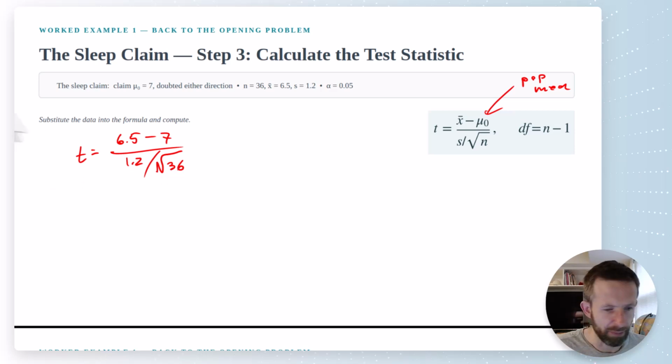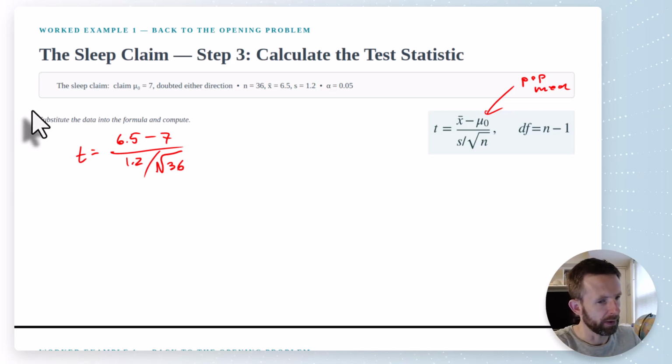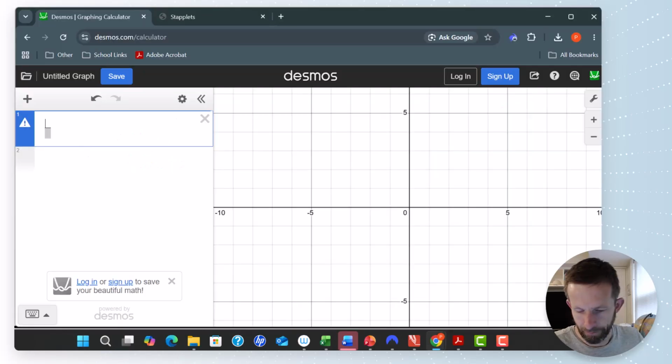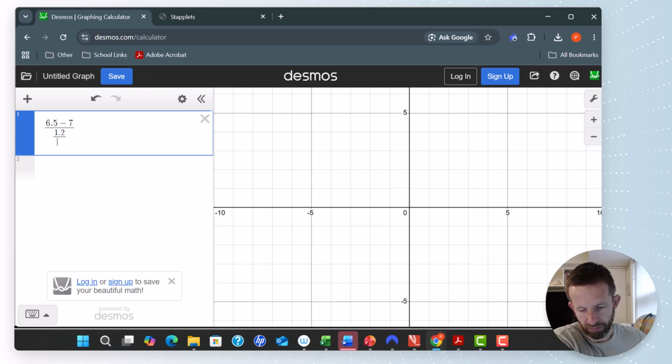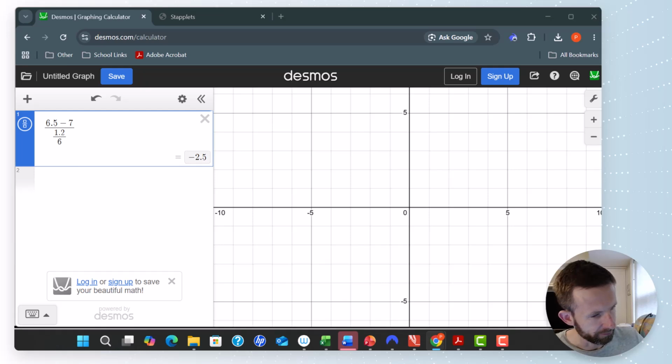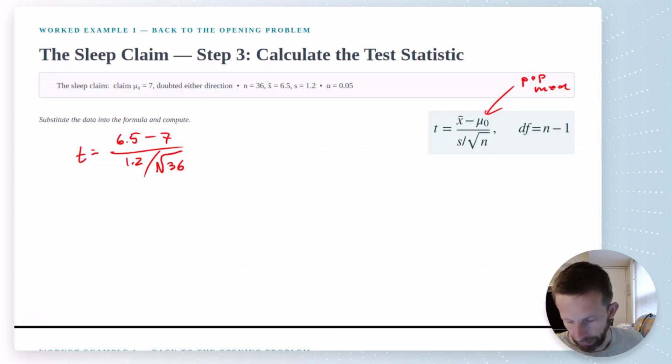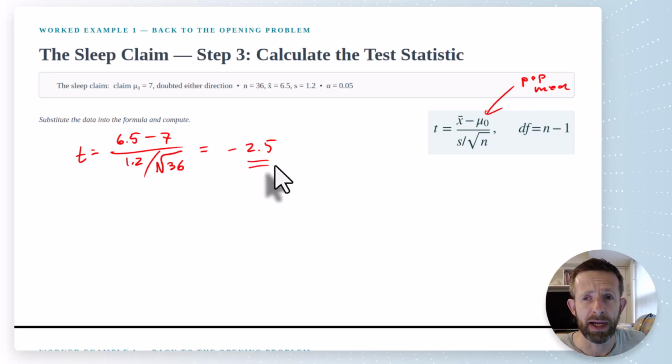So 6.5 minus 7, divided by the sample standard deviation 1.2 divided by the square root of 36, which is 6. So negative 2.5. All right, so negative 2.5 is my t-value. That's 2.5 standard deviations to the left of the mean, which is quite a bit.